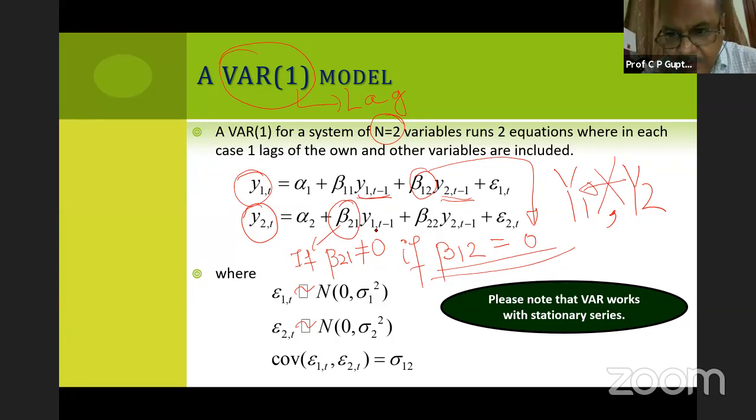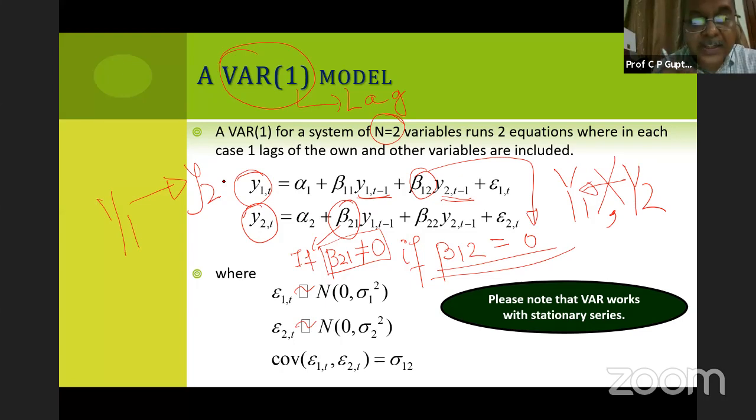Shakti is using the term indifference. Don't do that. Indifference has a different meaning altogether. At the most you can say they are independent, but don't use the term indifference. A lot of people are saying that if this is true, then y1 is Granger causing y2. If you understand this, you can prove Granger causality by making use of the VAR model.